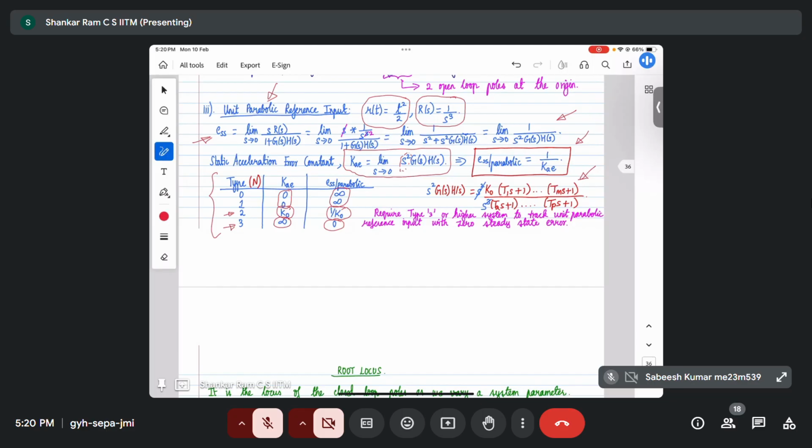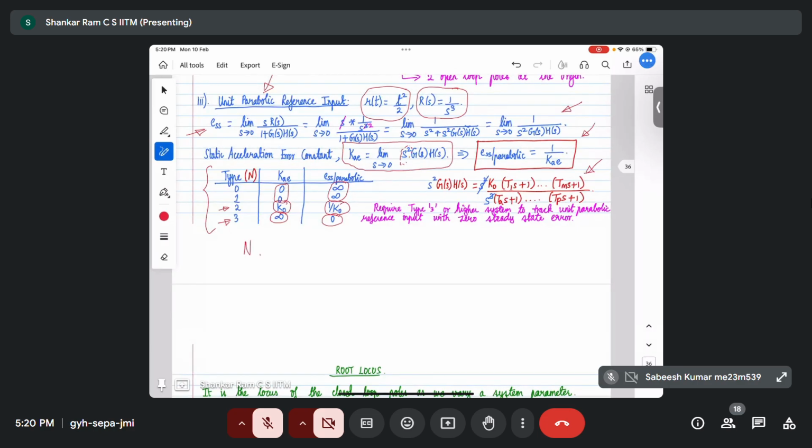So see, there is a trade-off, right? If we increase n, we assure 0 steady state error for a larger set of R of t, starting with step, ramp, parabolic, and so on, right?